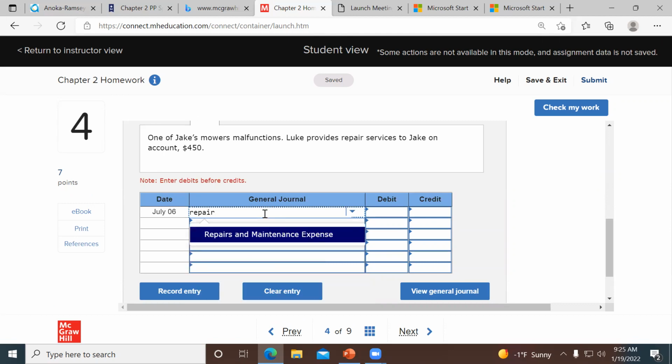Repair and maintenance expense. Remember, he needed a service. And Luke provided it, but it was on account. So what are we going to do here? Accounts payable. Because we haven't paid it yet, right? But we're going to, right?